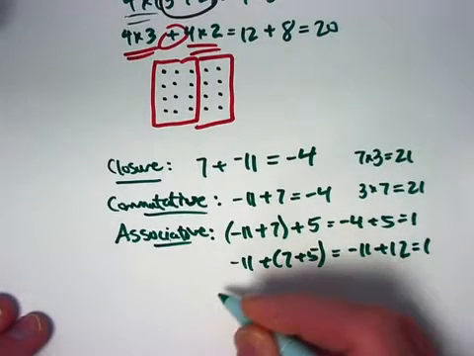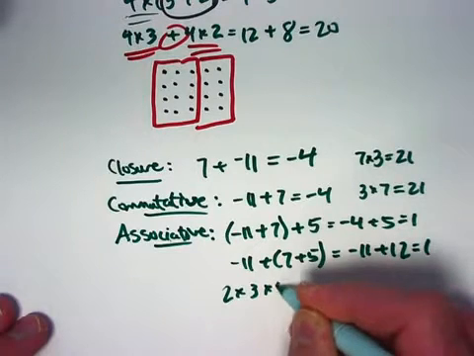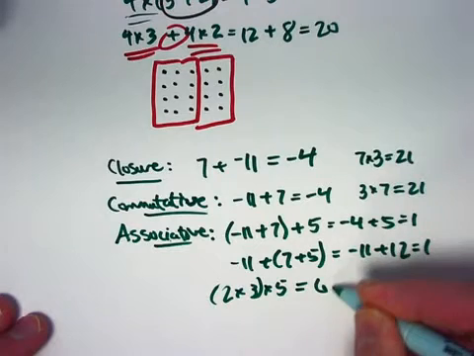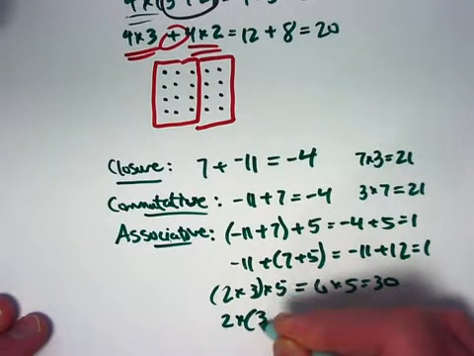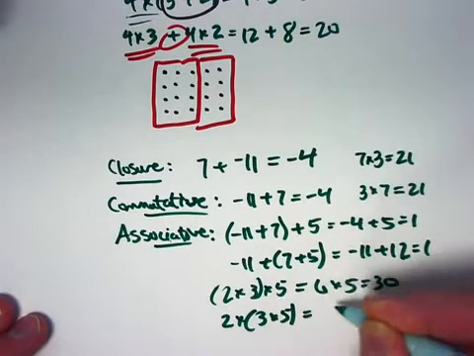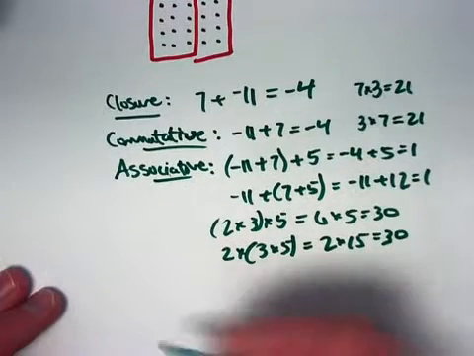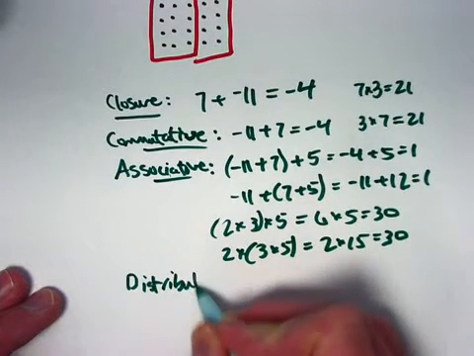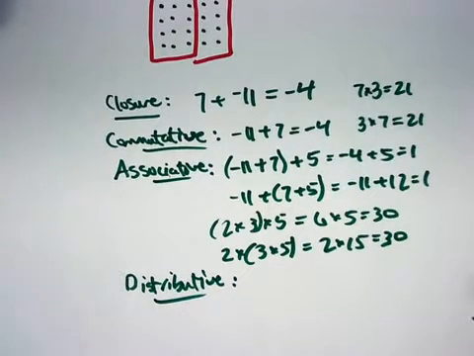You can do it for multiplication as well. 2 times 3 times 5. If I put parentheses around the 2 times 3, I get 6 times 5, which is 30. But also 2 times 3 times 5 in parentheses is 2 times 15. That's also 30. And this distributive property that I've just mentioned, that I won't illustrate again for time's sake.